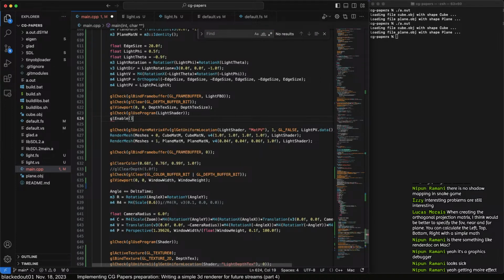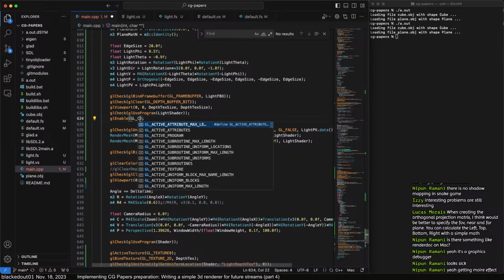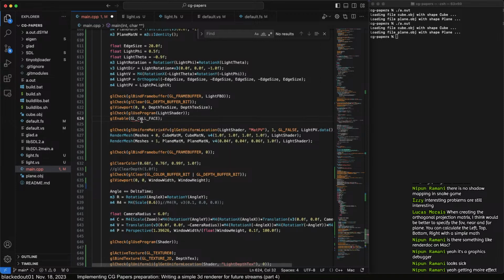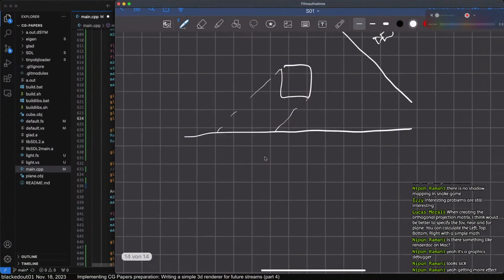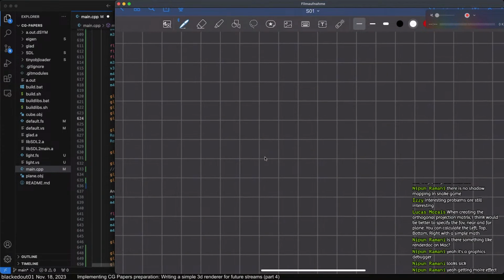So first of all, we have to enable face culling, which basically enables us to discard or not render parts of the model depending on the triangle winding order.